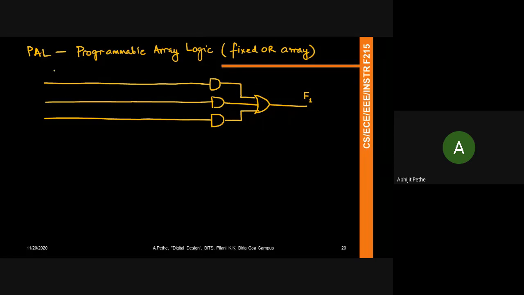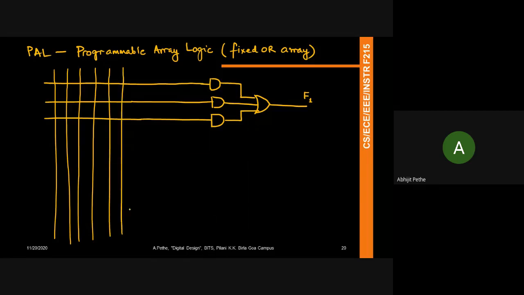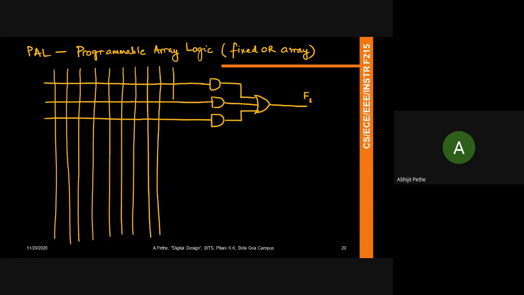And now I can think of the AND array as something like this. This one has 5 inputs, right?